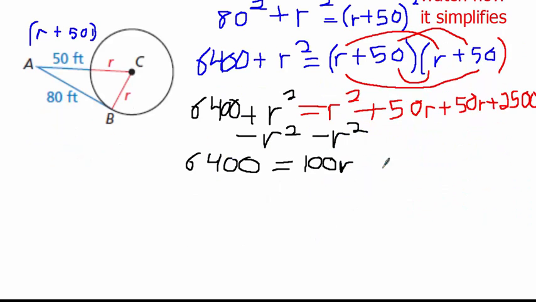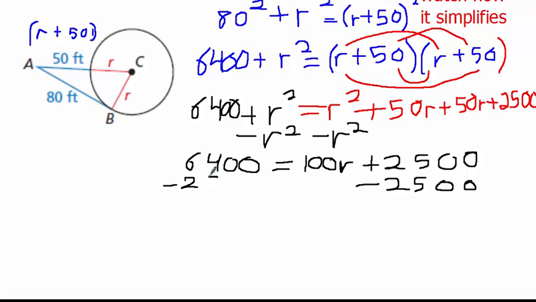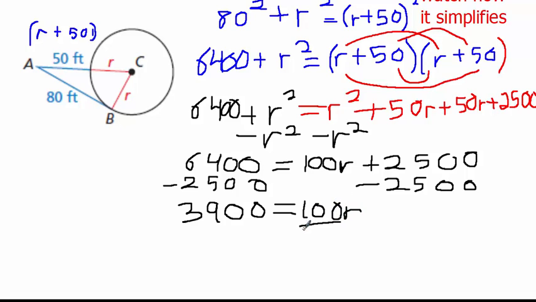So we have 100r because these two combine, and 2,500. So we're going to subtract 2,500. So that is going to give me 3,900 equals 100r, and dividing by 100.